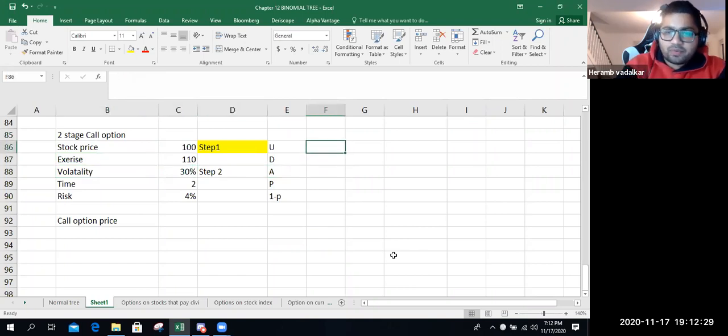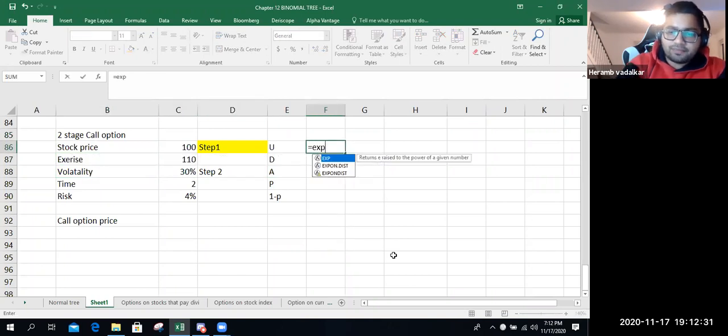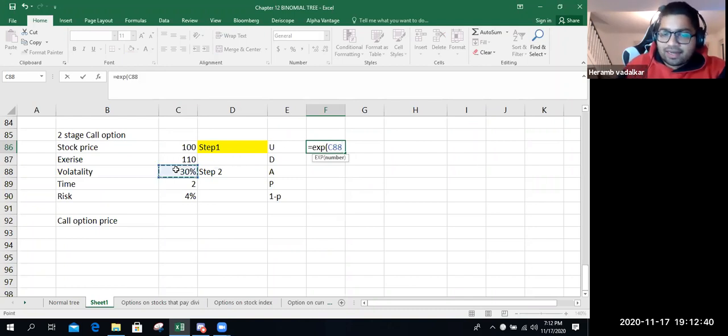So U will be exponential of volatility times time divided by 2. Why are we dividing it by 2? Because it is a two-stage model. It's not a single stage model. In a single stage model we don't divide by 2, but in two-stage models we divide the total time by 2.